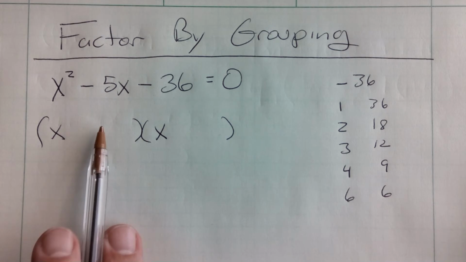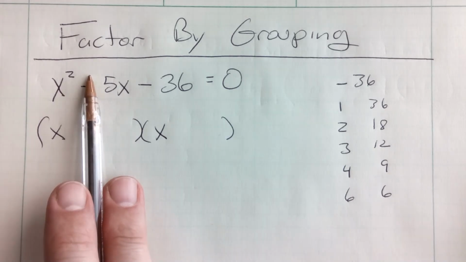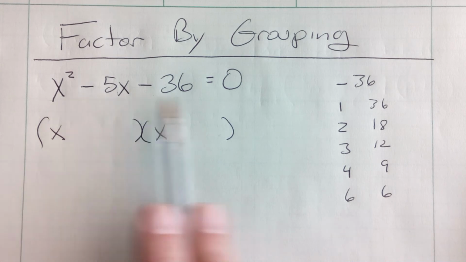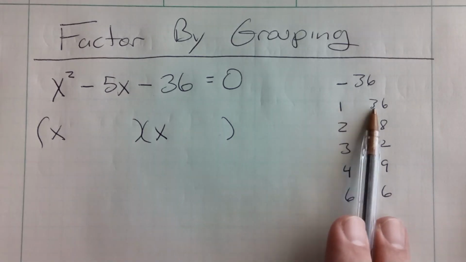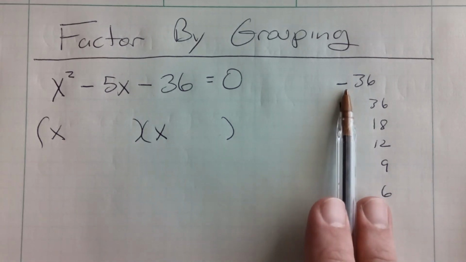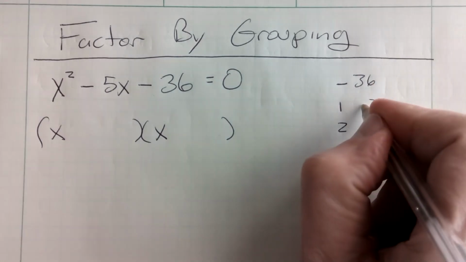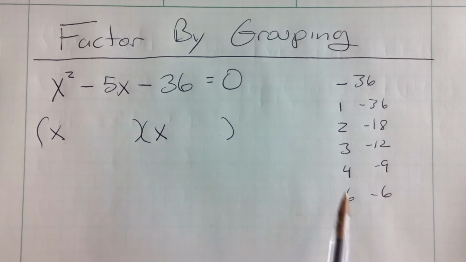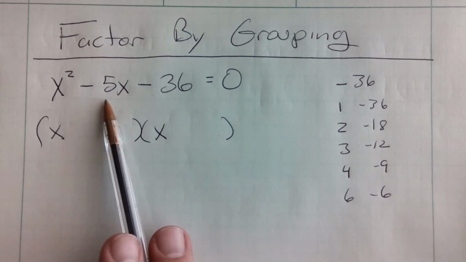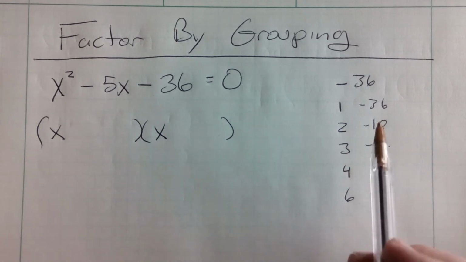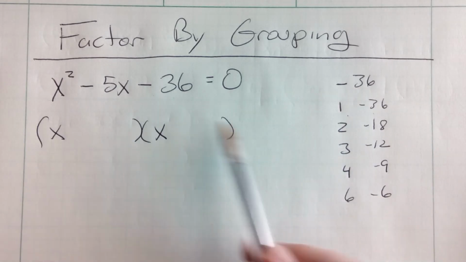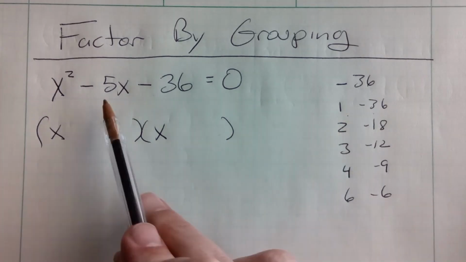Now, the next thing I ask myself is, the sum has to be a negative 5. So multiplying these two together always gets me the 36, but I need to make one of them negative. So it's a negative 36, and I'm going to make the larger one negative because when I add them, I want to get a negative 5. So 1 times negative 36 is negative 36, but 1 plus negative 36 is not negative 5.